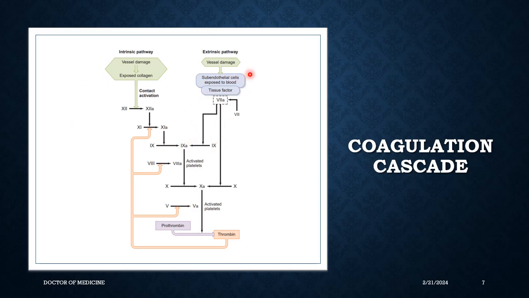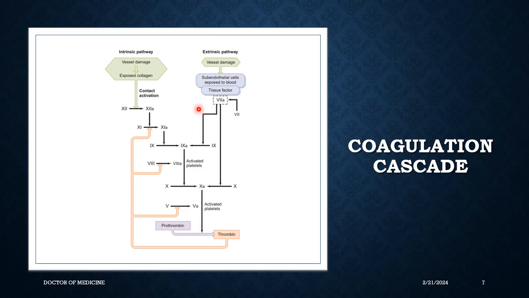So on the other side, we have the extrinsic pathway. Extrinsic pathway is a bit different from the intrinsic pathway. It's activated by an extrinsic protein known as the tissue factor, otherwise known as thromboplastin, okay? So thromboplastin is found on the cell surface membrane of cells outside your blood circulation.